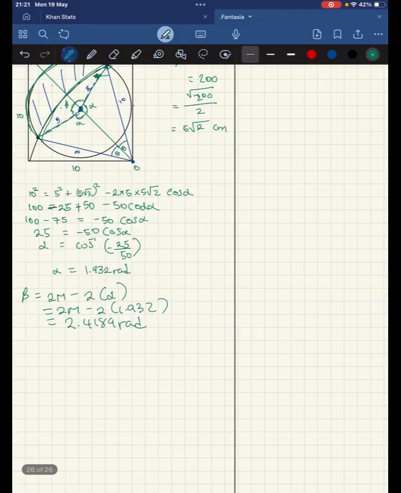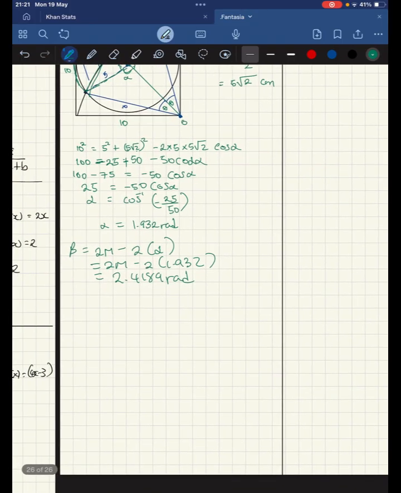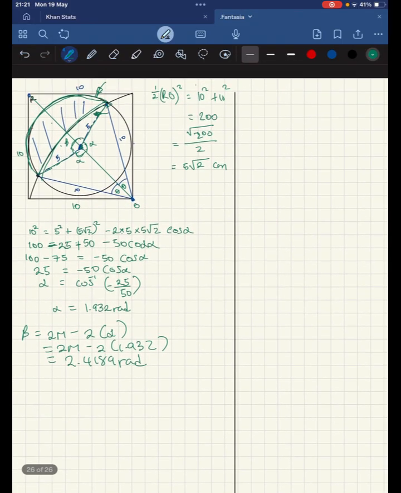So we know that, now we can calculate how do we get this angle.